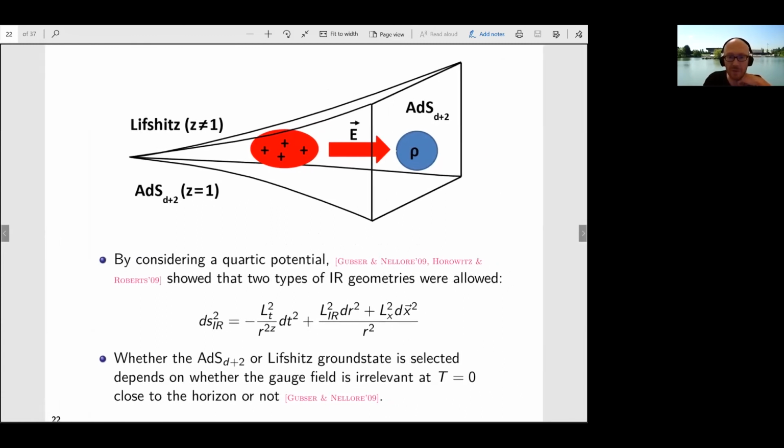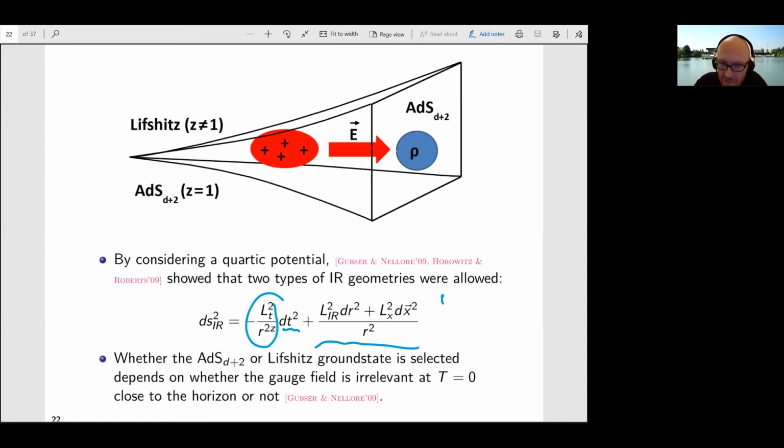This is also something that's very well known. It was worked out in 2009 by Gubser and Nellore, and also Horowitz and Roberts. They showed that for the quartic potential, you could have two types of infrared geometries: either an AdS geometry that has z equal 1, or a Lifshitz geometry that has z different from 1, where z appears here. z tells you that time and space don't scale the same way.